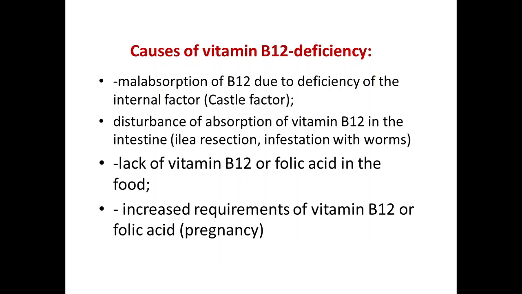It can be in case of ileal resection and infestation with worms. Lack of vitamin B12 in food, but it can be only in rare cases, only in strict vegans. And the fourth cause is increased requirements of vitamin B12 or folic acid in pregnancy.